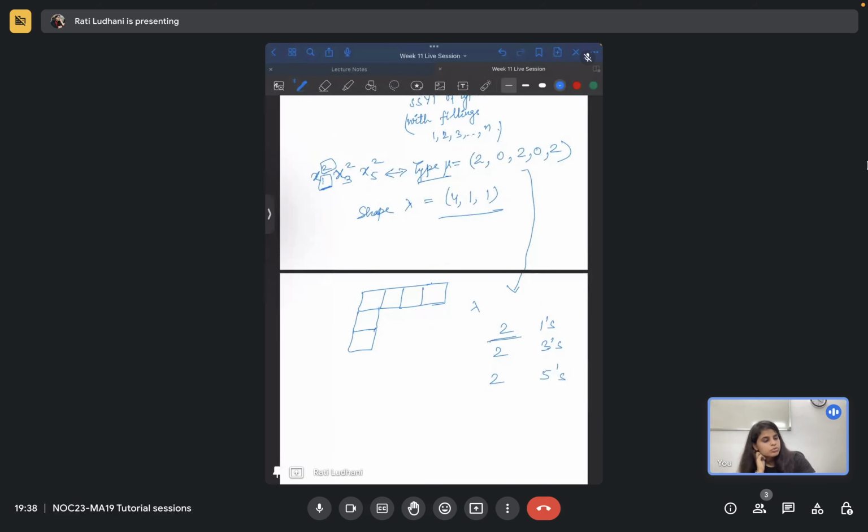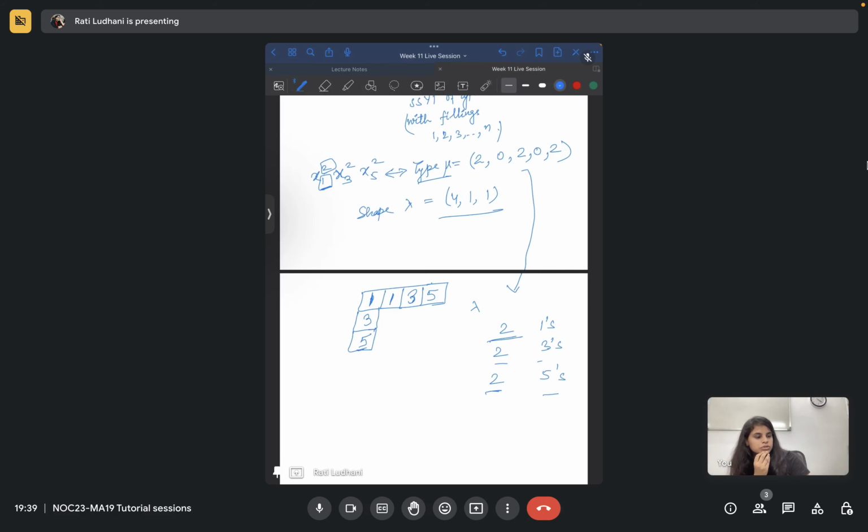You have two 1s, that means 1 1 must be started here only, and it cannot go in the second row because that should be strictly increasing. Now you have two 3s, so one 3 can be here, and the next one has to be here because you cannot go in the next one. Now you have two 5s, so this is the only possibility, right? There is no other way.